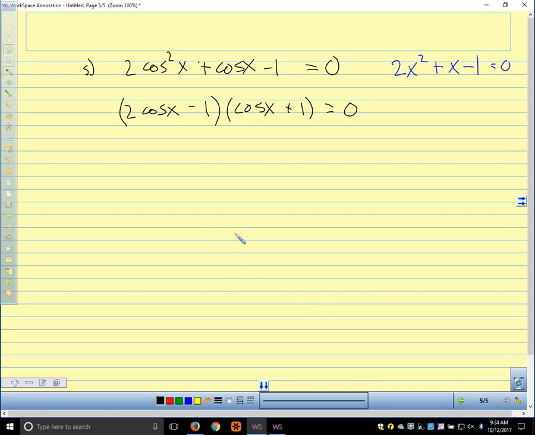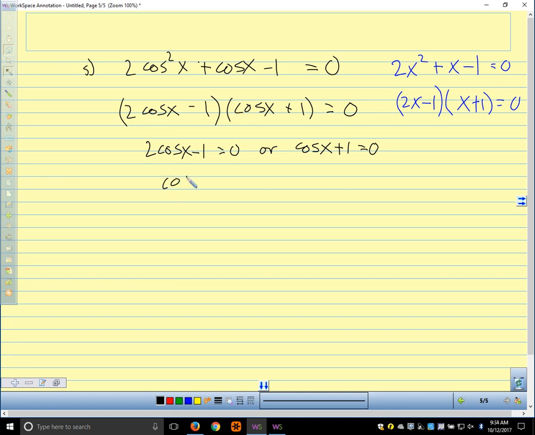And now we're going to do exactly like we did on the last one. When we have two things multiplied together that equal 0, one or the other of them has to equal 0. So this says 2 cosine x minus 1 equals 0, or cosine x plus 1 equals 0. Exactly like we would do when we got 2x minus 1 and x plus 1 equals 0. We'd say 2x minus 1 equals 0 or x plus 1 equals 0. Same thing here.